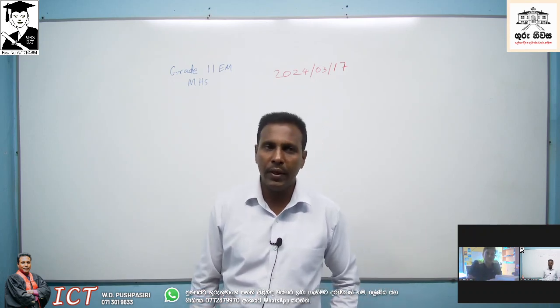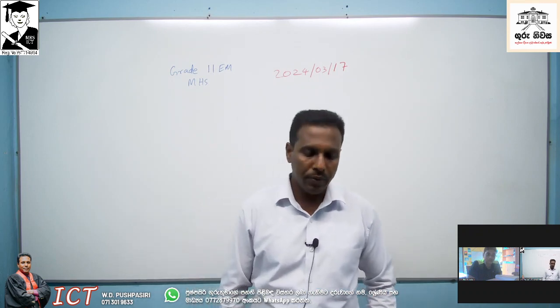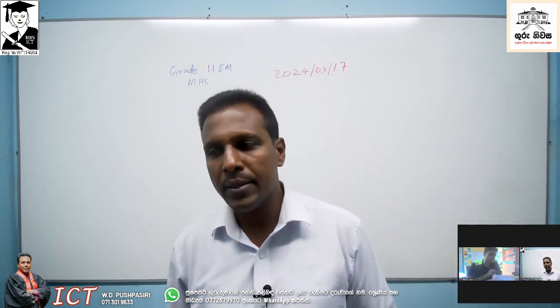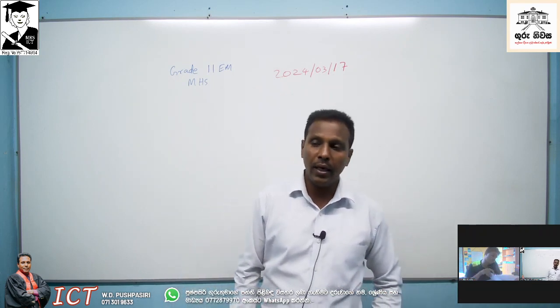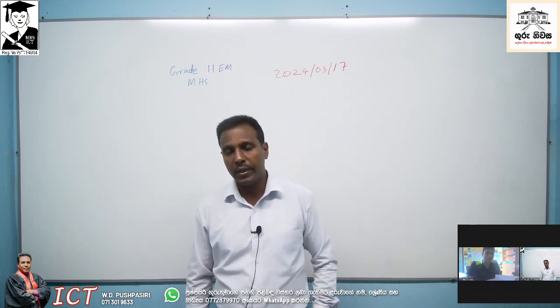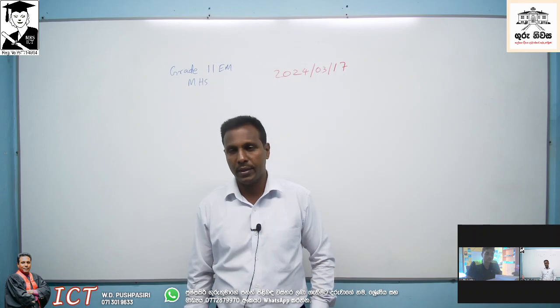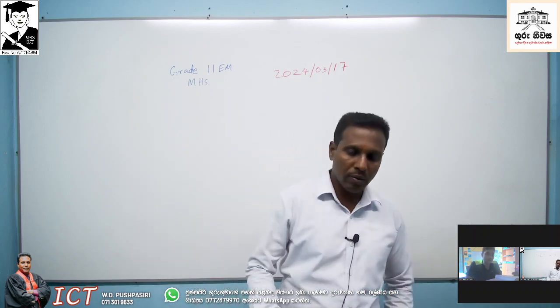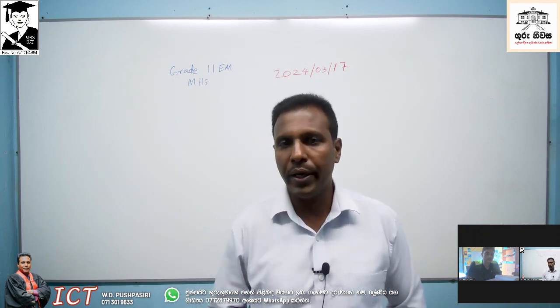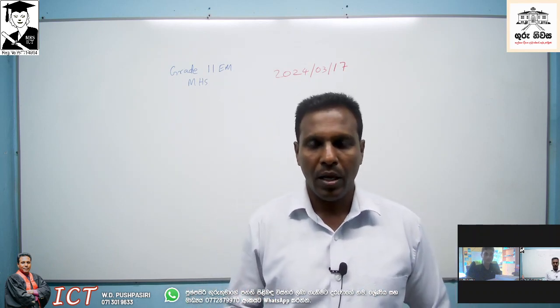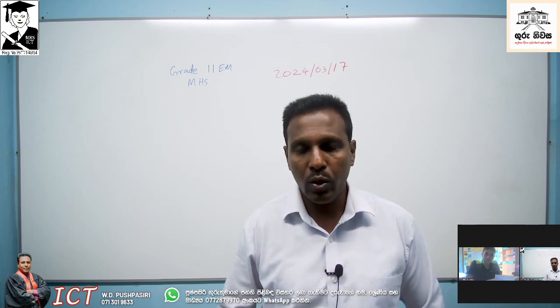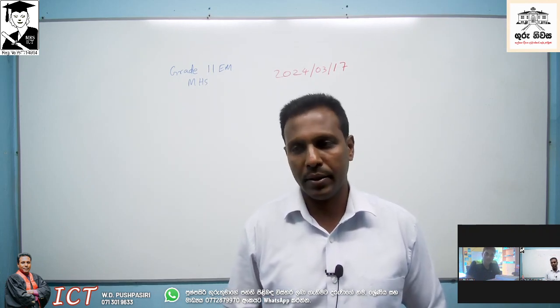In grade 11 you have only 6 lessons, whereas in the grade 10 book you have 9 lessons. So you have to understand the grade 10 syllabus very well. And if you are not understanding and working on grade 11, then you will never get that A mark.